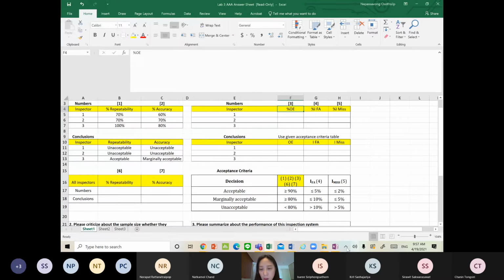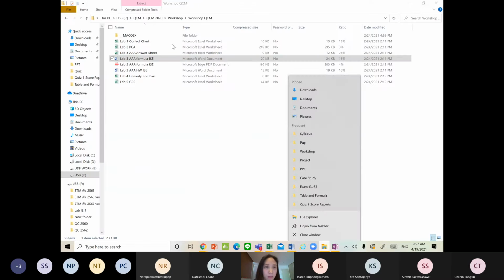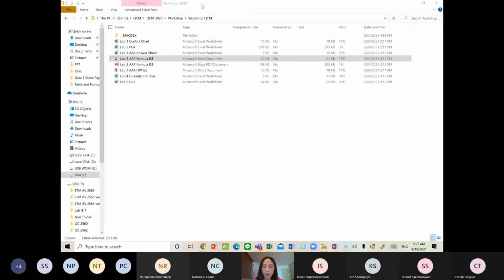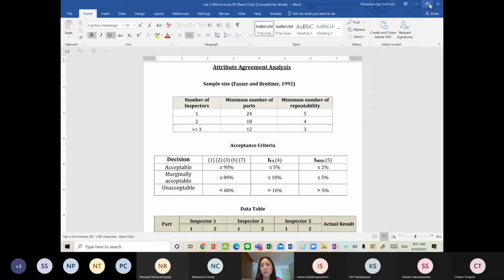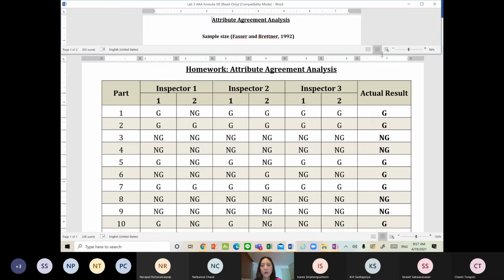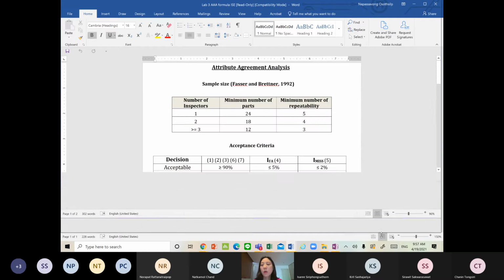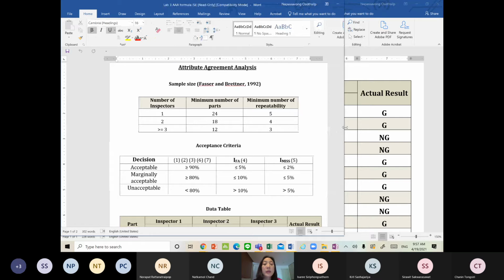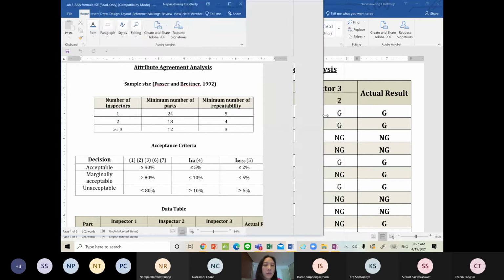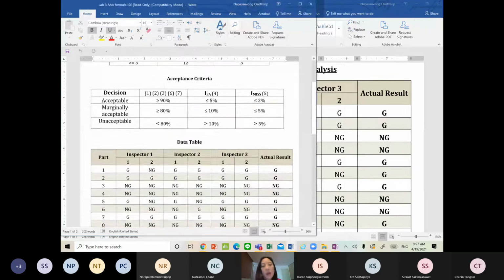Okay, let me show you one example. The same data set, but if we take a look at the opportunities instead of the number of parts.